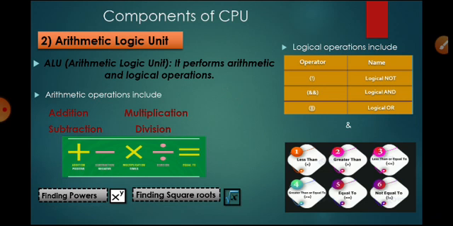The second part of CPU is ALU. ALU stands for Arithmetic Logic Unit. It performs all the arithmetic and logical operations. The arithmetic operations include addition, subtraction, multiplication, and division.